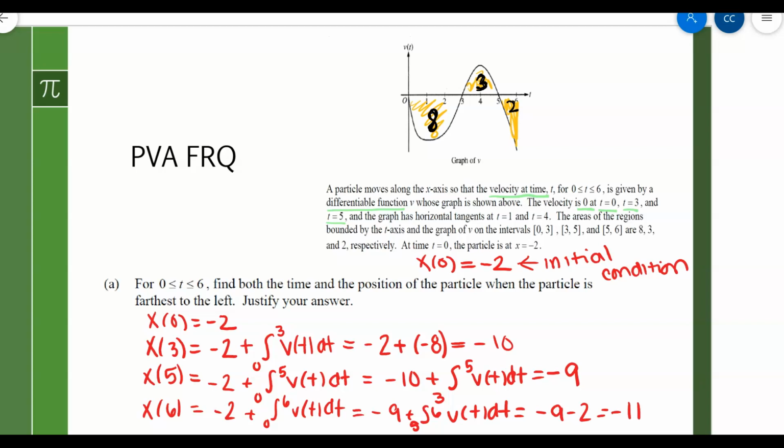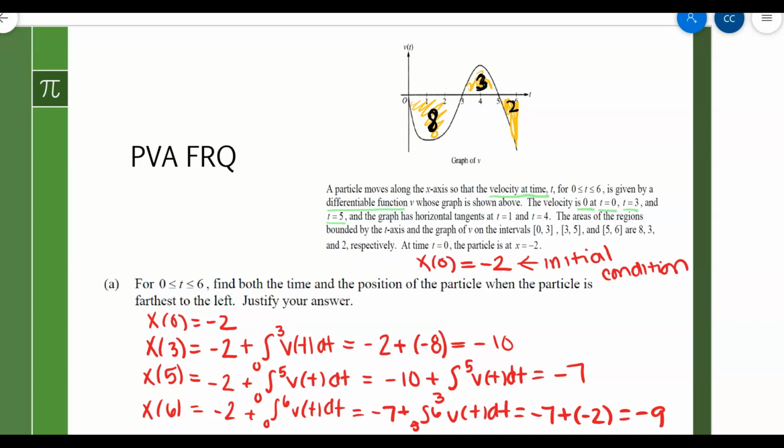Oh, just kidding. -10 plus 3 is totally -7. And -7 plus -2 is -9.